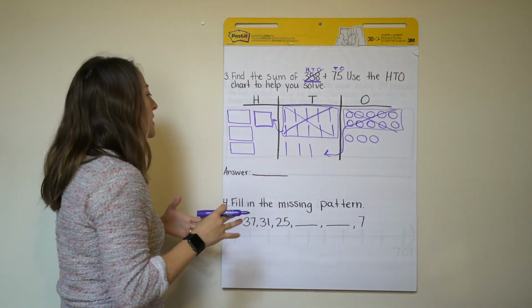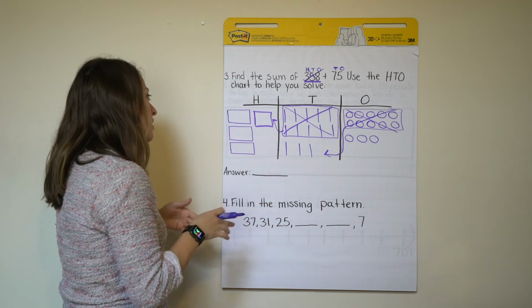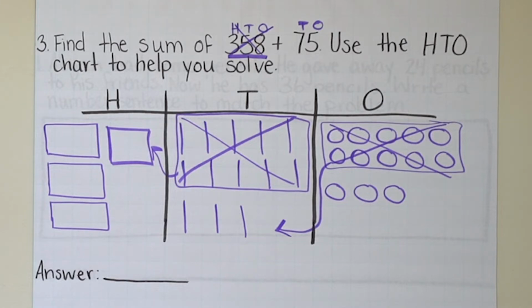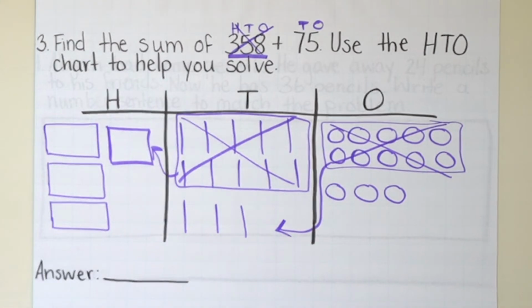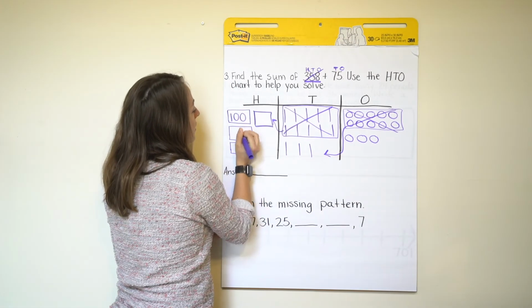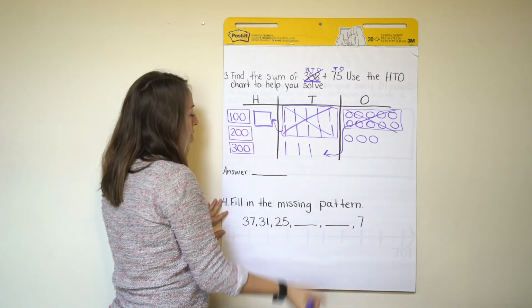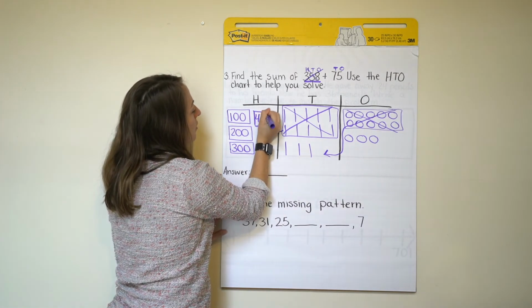Now what we can do is we can label everything since we regrouped our tens and our ones. 100, 200, 300, 400.